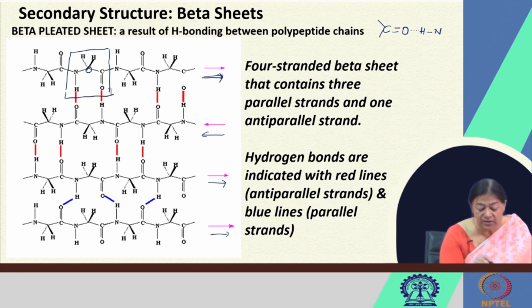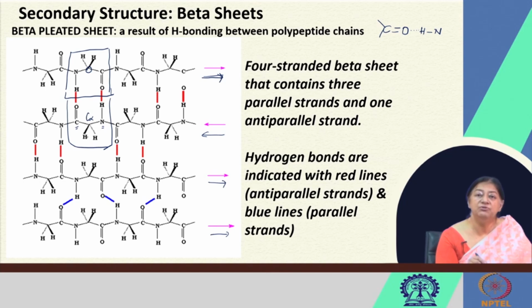And how do we know that? We know that the C alpha is connected to the NH and the C double bond O. Similarly, if we look at the strand that is going in the opposite direction, this is also one amino acid that says that this is the beginning of the amino acid, this is the C alpha and this is the end of the amino acid, because it is going in the opposite direction.